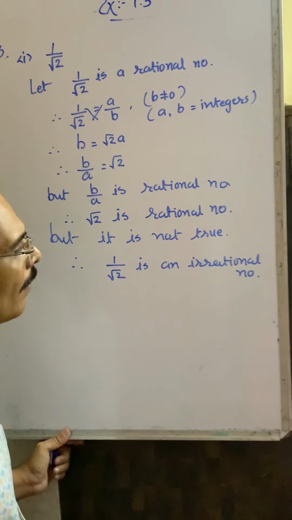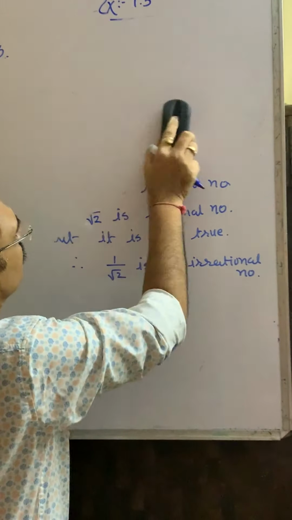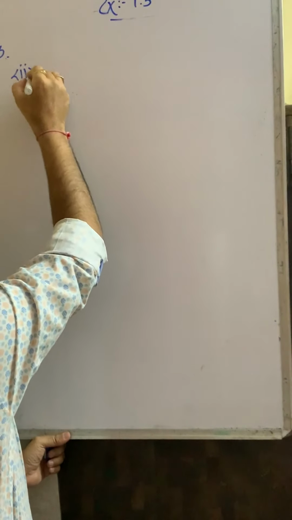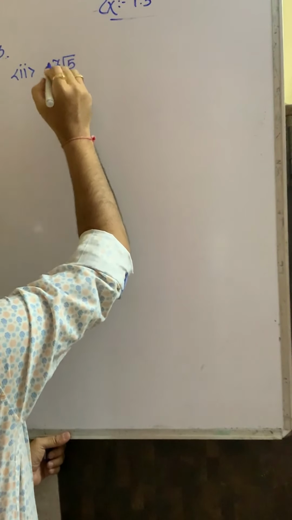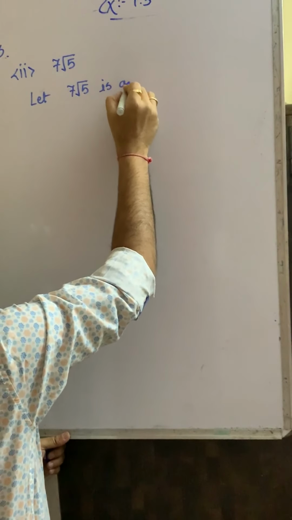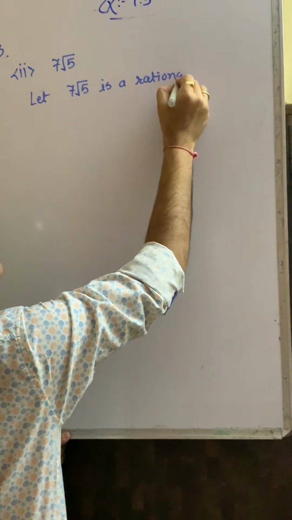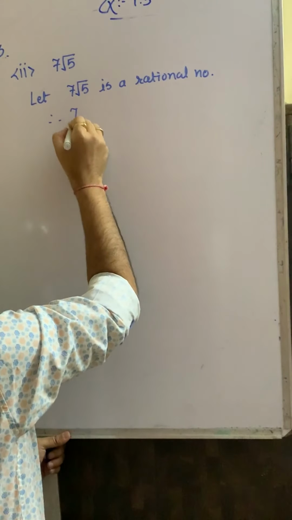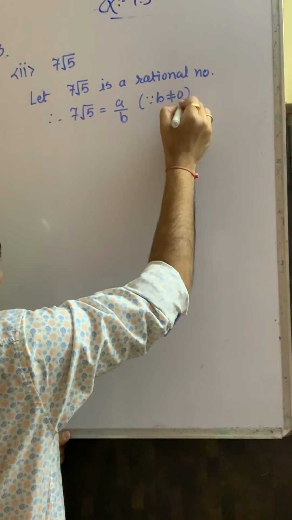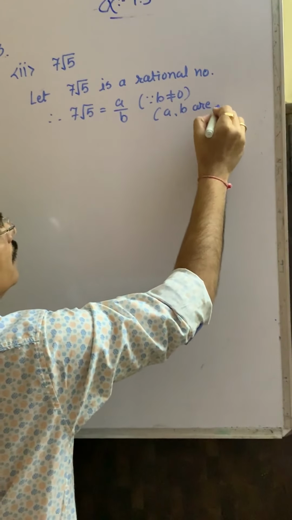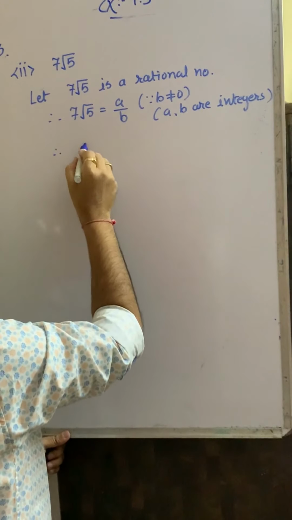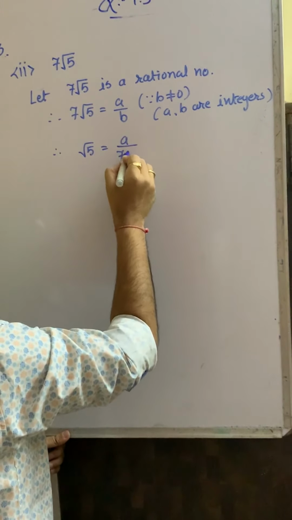Is it okay? Now question number 2: 7 root 5. Again, let 7 root 5 be a rational number. Therefore, it can be written like a by b. Again, b is not equal to 0 and a, b are integers. Therefore, root 5 equals a upon 7b.